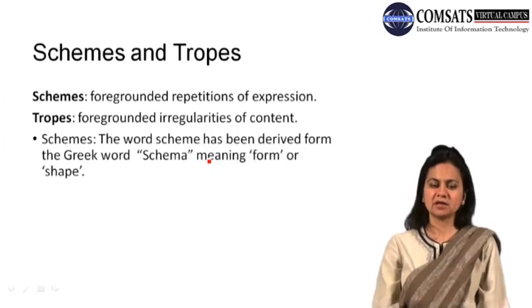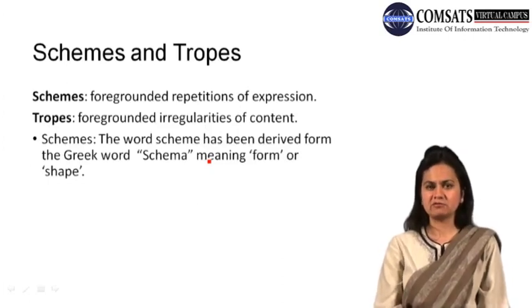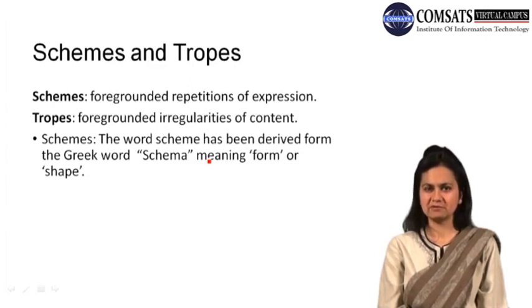Just for the recap of yesterday's lecture, let us have a look at what we studied yesterday, that we tried to analyze or understand what schemes and tropes are, where the word scheme has been derived from. The word scheme has been derived from the Greek word schema, which means form or shape.